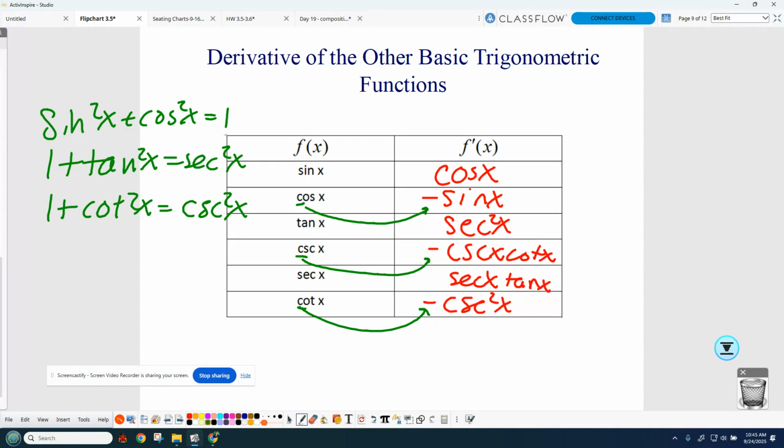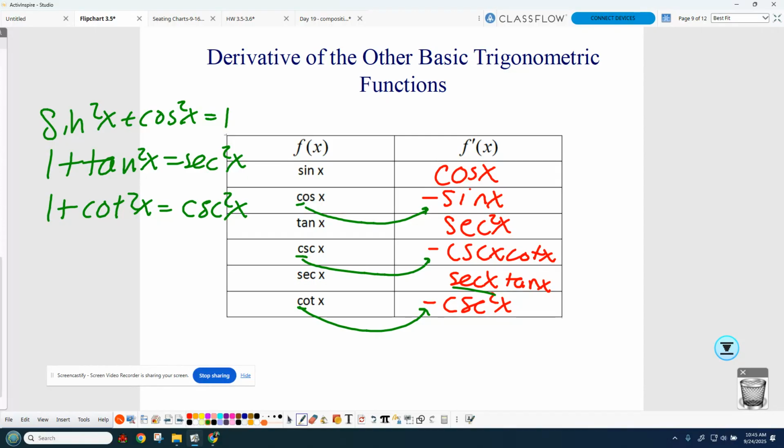They're so lame, secant puts itself in its own derivative and brings a friend. So derivative of secant is secant tangent. Derivative of cosecant begins with a C, so it's negative: cosecant cotangent. It puts itself in its own derivative and brings a friend.